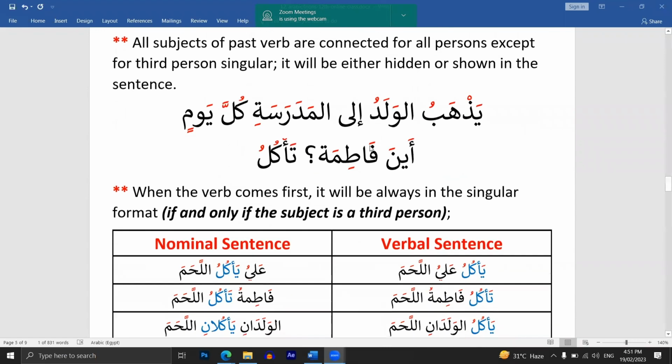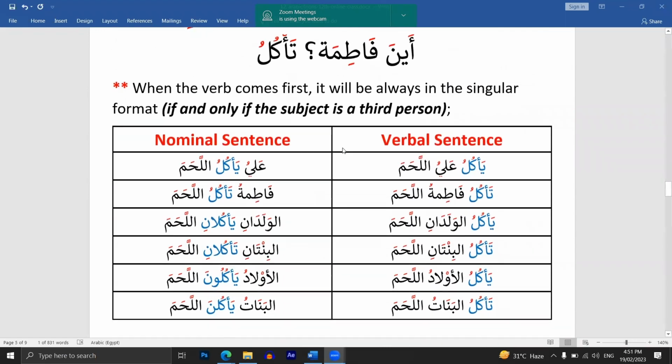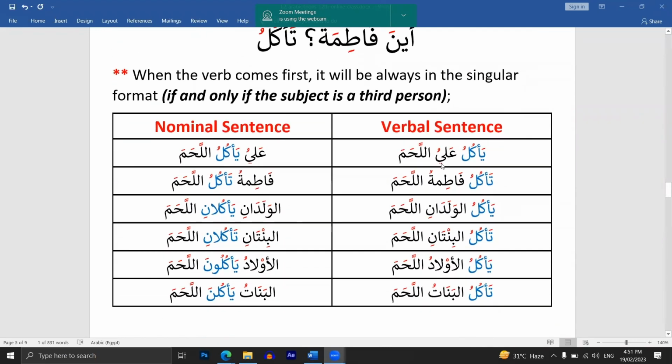And lastly, the same exact case with past verb, whenever we start the sentence with a verb, this verb will be in the singular format as long as the subject is a third person. Here I'm talking about Ali and Fatima. So here it's a third person.